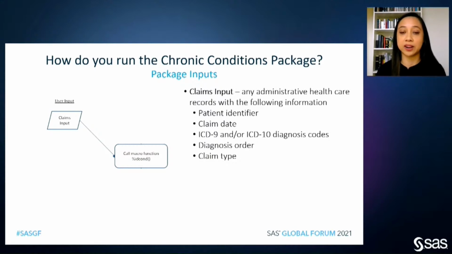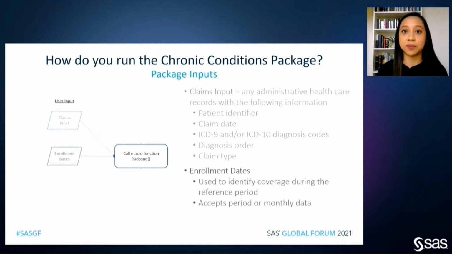Most administrative healthcare records have this information, although it may not look exactly as it does for the Medicare data. In this case, you might need to do some tweaking. For example, in Optum, which is a private healthcare data source, they have additional locations for emergency room care and ambulatory care. These could be grouped within inpatient, or you can create separate claim types to categorize these locations.